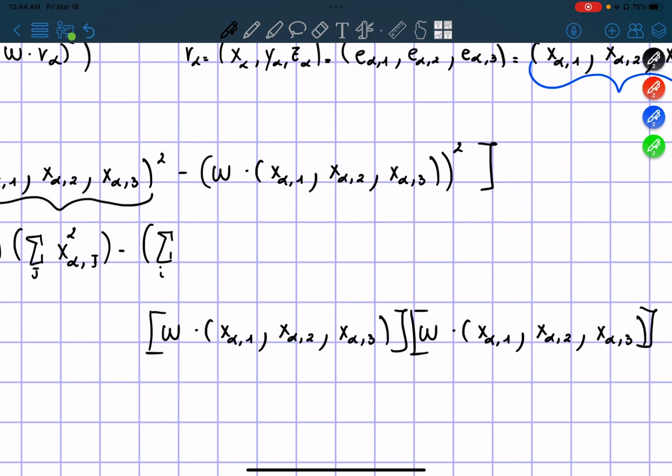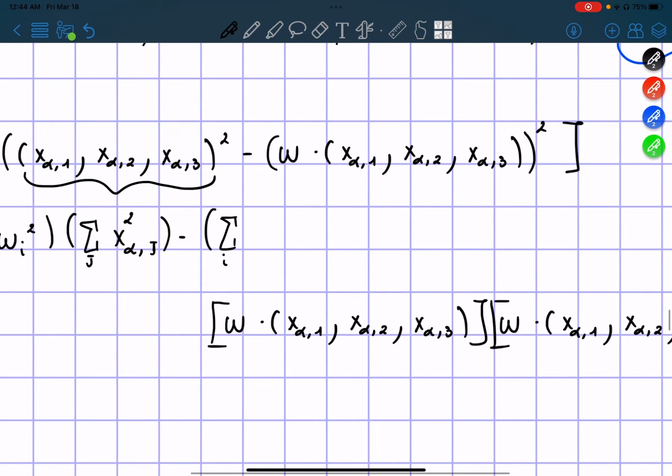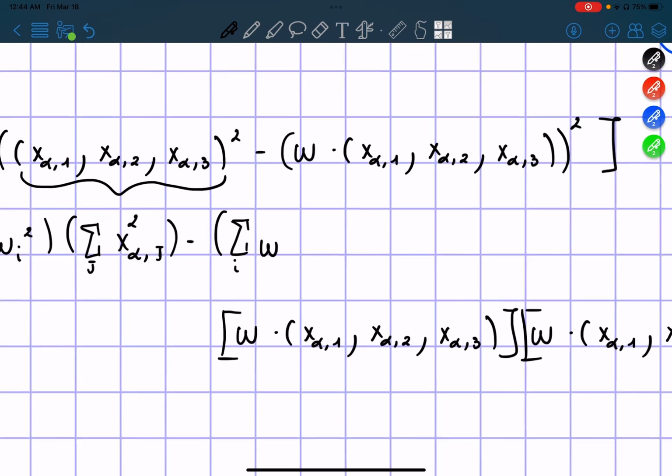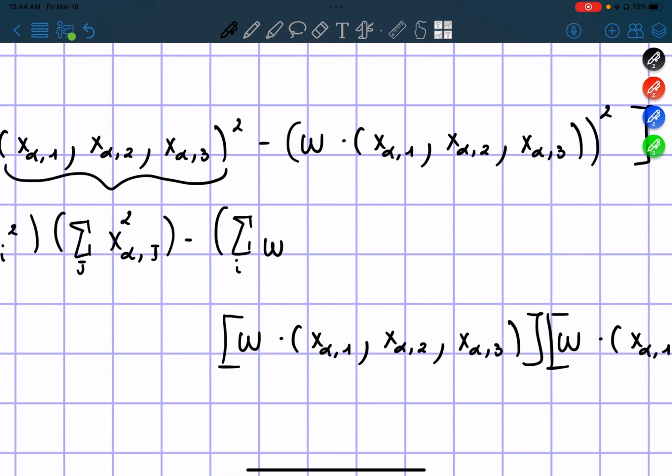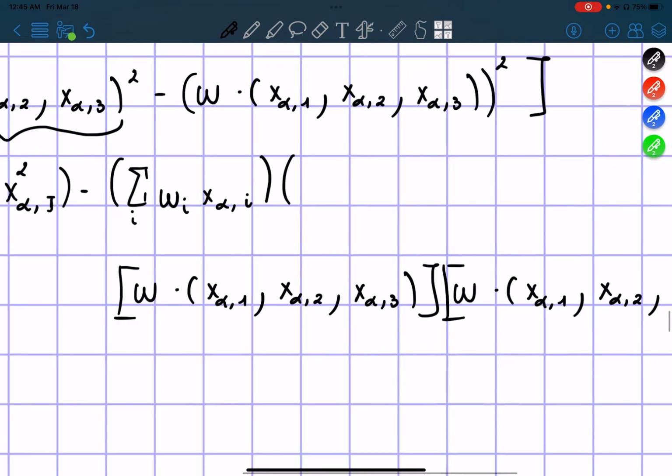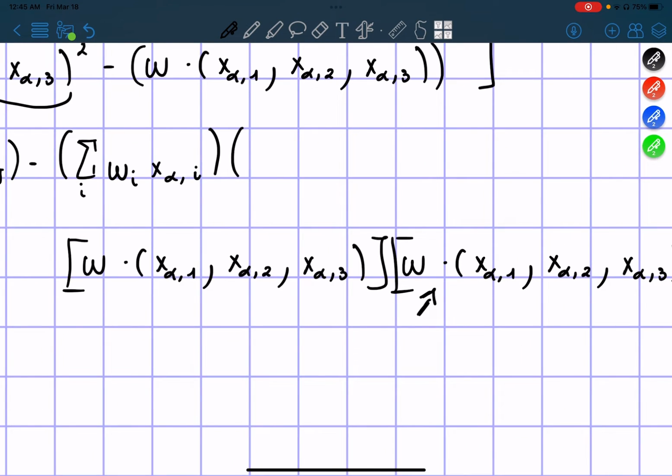So again we take the omega and use the subscript. In this case we're going to have i, and then our x_α depends on i. And then the same thing for the second time, but now instead of i we use j: ω_j x_αj.